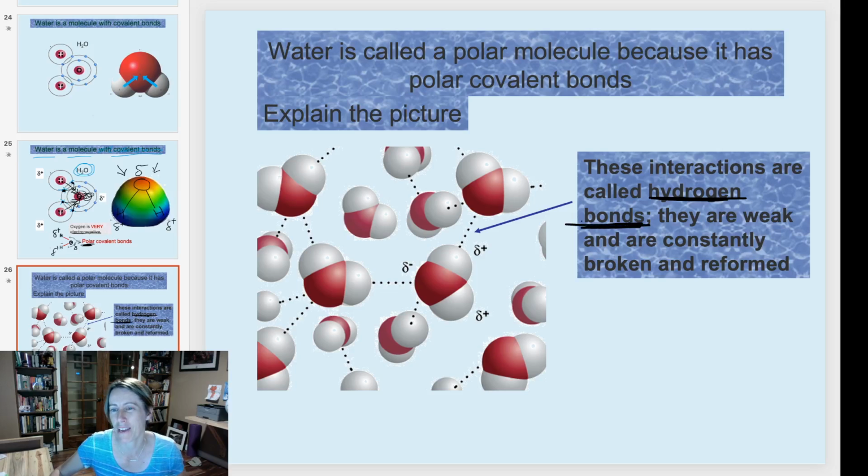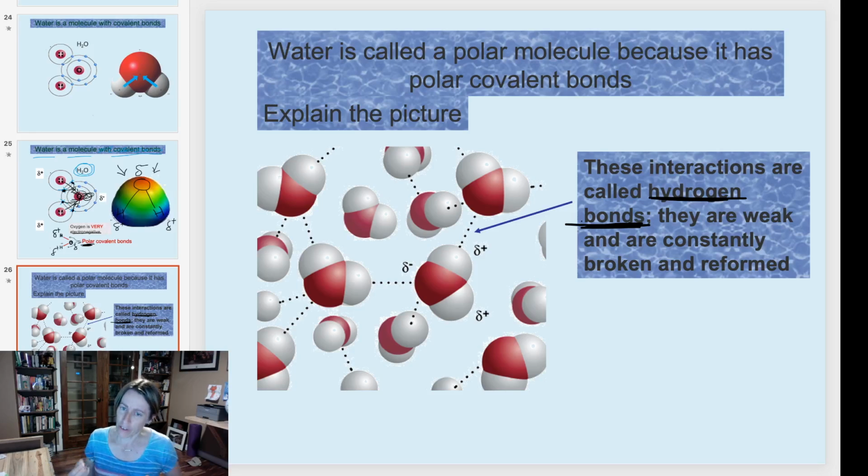Again, this is not a great term. It's not really a bond. It's really a weak attraction. And these weak attractions are constantly broken and reformed. They're not permanent, they're not tight, they're not strong, but there are millions, billions of them in every single droplet of water.